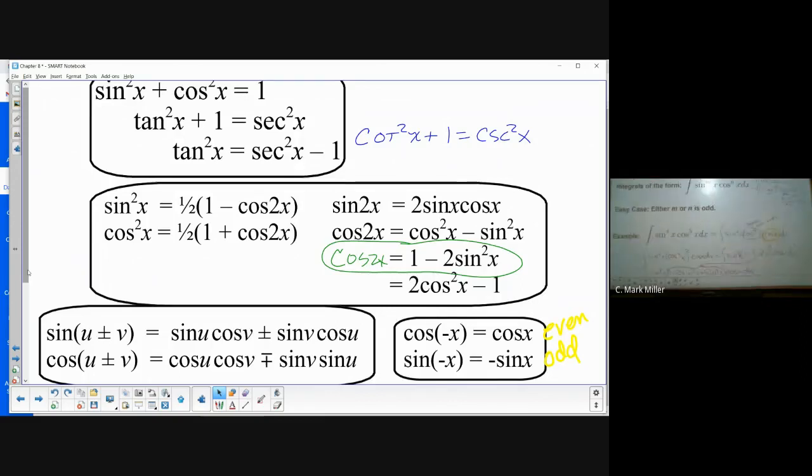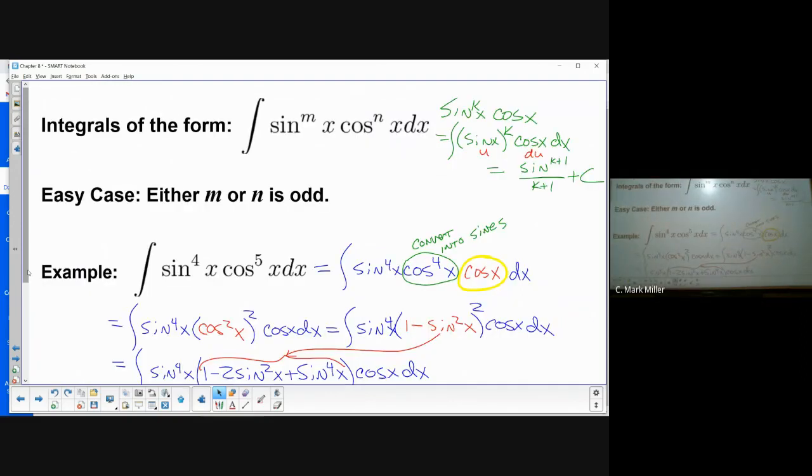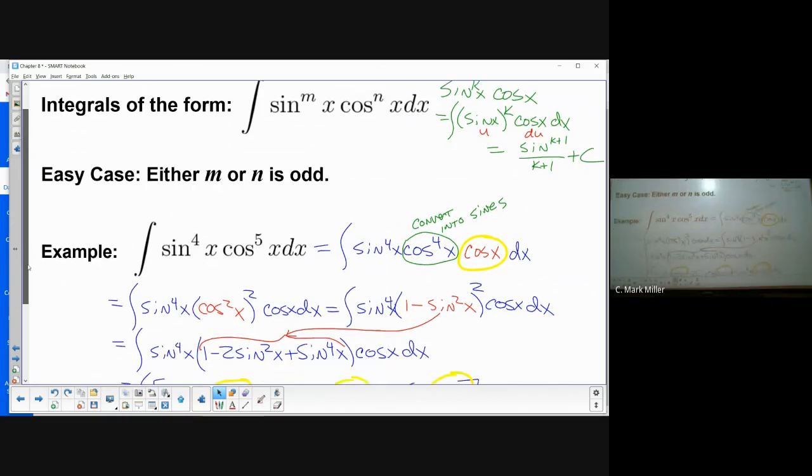So I went through integrals of this form. If either sine times cosine to different powers, if either one of them is odd, that's the easy case. Because what we did, you notice here in this example, cosine was odd.